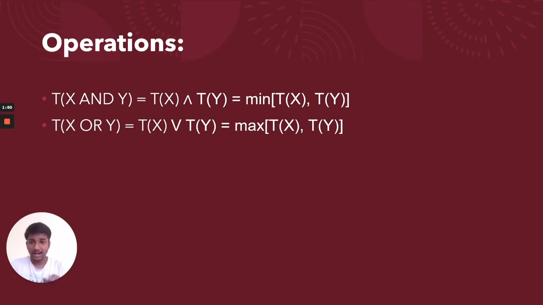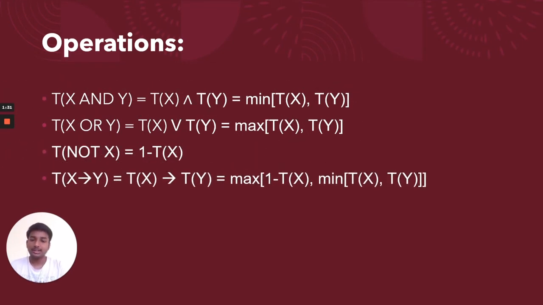If we get and, we should do conjunction and it has minimum. If we get or, disjunction, then max. And for the not function, it is 1 minus the truth value. And here is a simplification of implication.